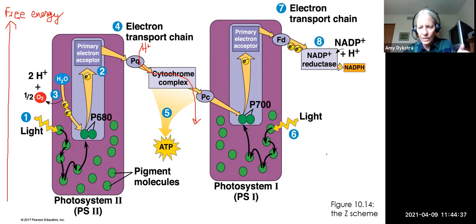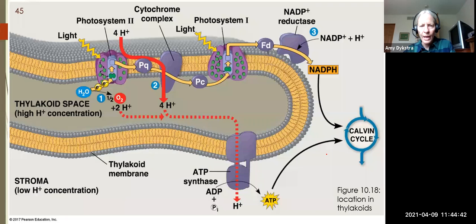So let's move to the next figure. And this figure from your textbook shows the same light capture, the same electron movement through these 2 electron transport chains, but this figure shows the locations more like they actually are in the thylakoid membranes, and it also shows the pumping of the hydrogens.